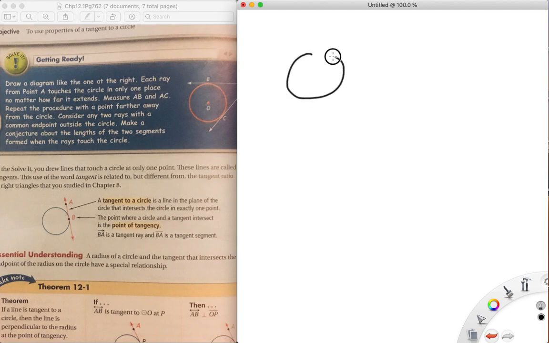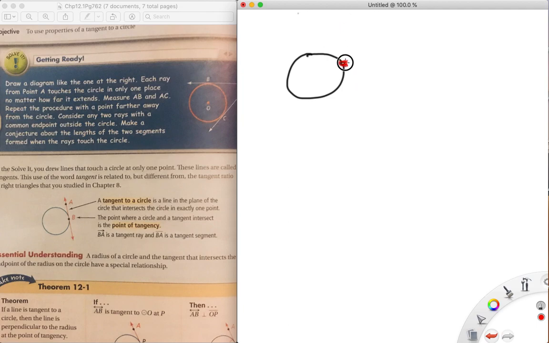So if we have a circle, we have a point here, 1 point, and then we have a line.